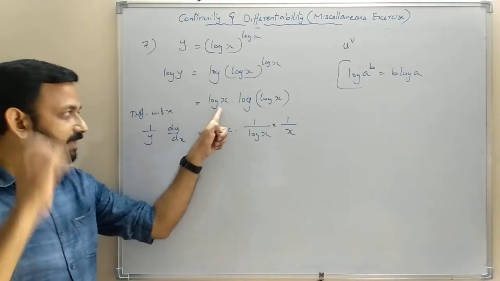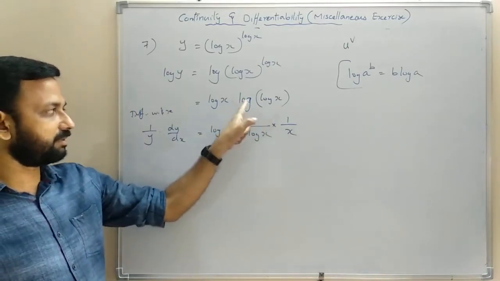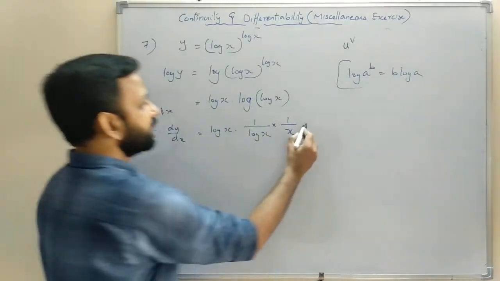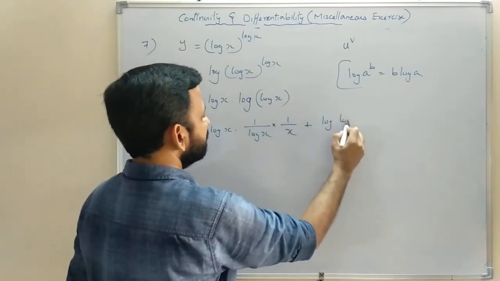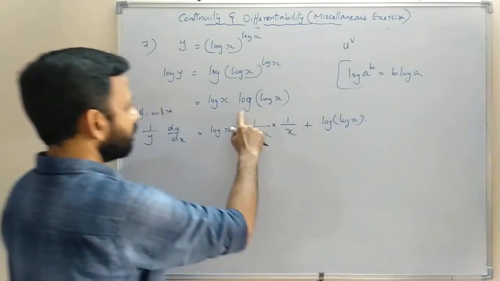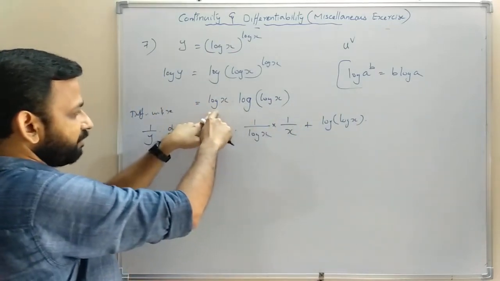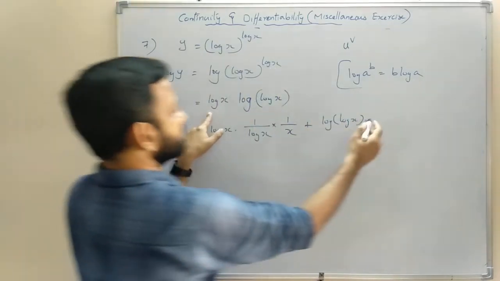So first function into derivative of second, 1 by log x into 1 by x, plus the second function, that is log of log x, into the derivative of the first function, the derivative of log x, that is 1 by x.